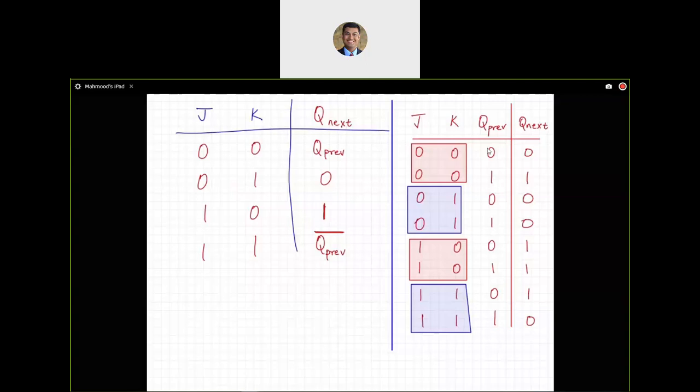This actually will help us. The table that we drew on the right, I hope it is giving you a little bit more insight into that JK flip-flop. We can take this understanding a little bit further. So what I'm going to do is look at timing diagrams for a JK flip-flop.